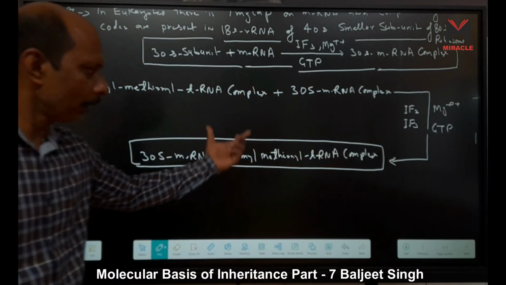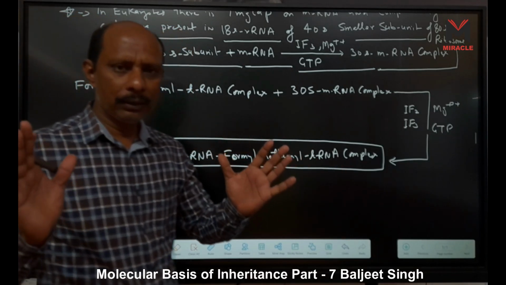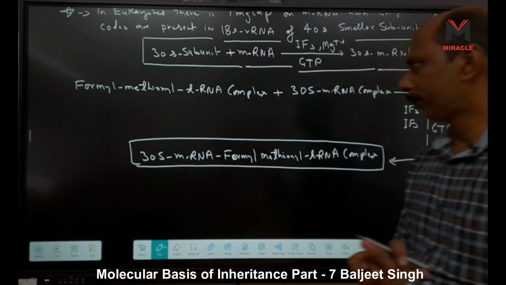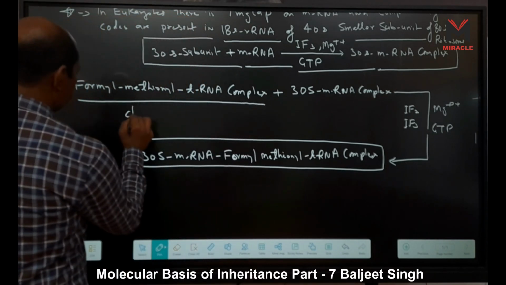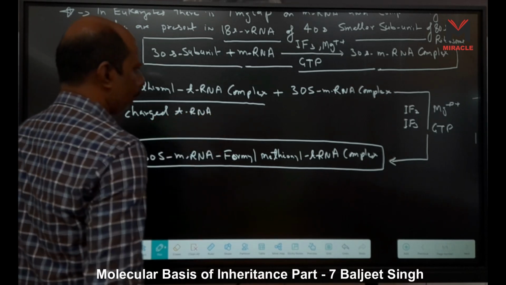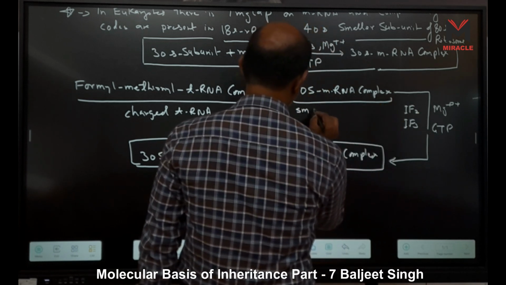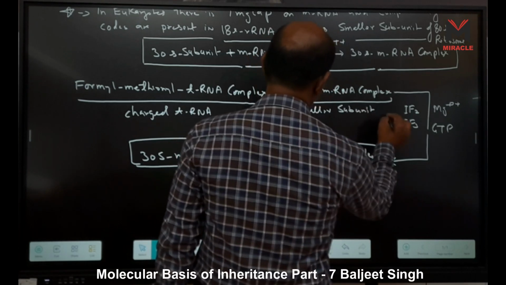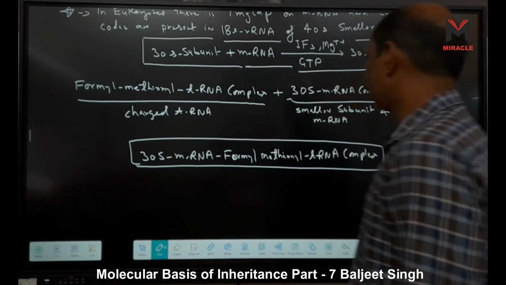Means here transfer RNA, 30S subunit, and messenger RNA, three things are attached with one another, right? This one is called charged transfer RNA. This is our smaller subunit, and messenger RNA, right?